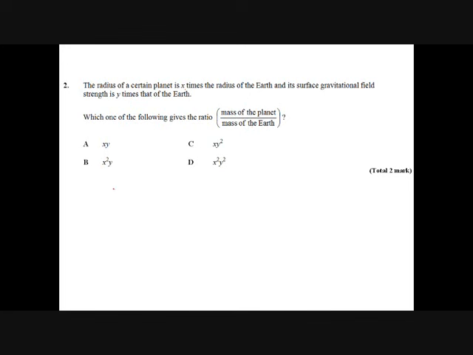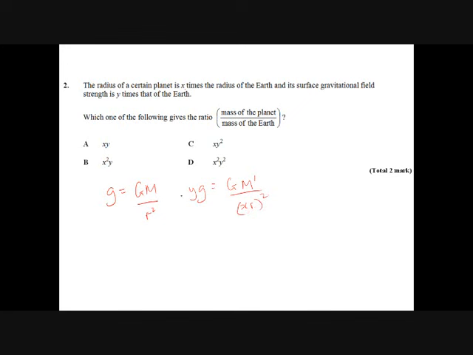So the way to do this I think is to talk about the gravity on the Earth is g equals G times the mass of the Earth over the radius of the Earth squared, and then on our new planet the gravity is y times as strong, so yg is G times the new mass, which I'm going to call M dash, divided by the new radius, but the new radius is x times as big, so that's xR all squared.